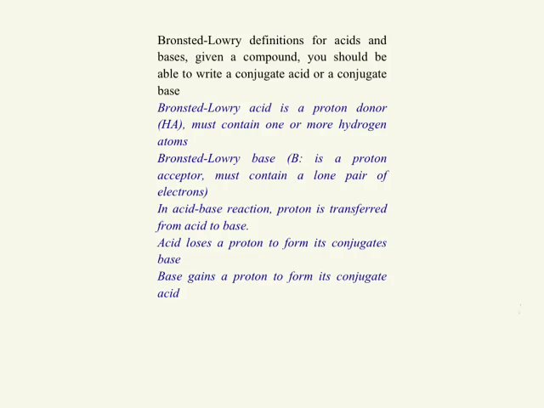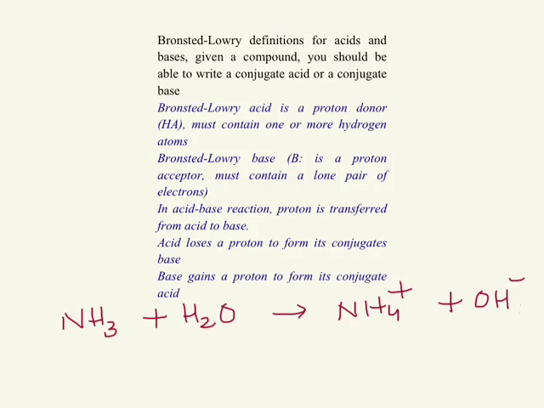So, for example, here NH3, which is ammonia, reacts with water to form NH4 plus and OH minus. So we have to find out that here on the reactant side, which one is an acid and which one is a base.